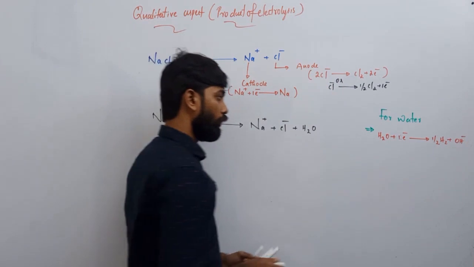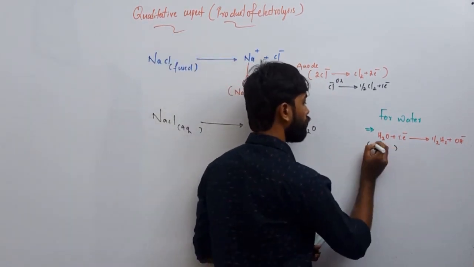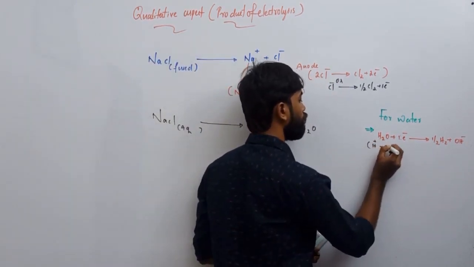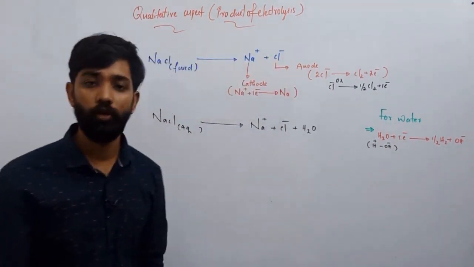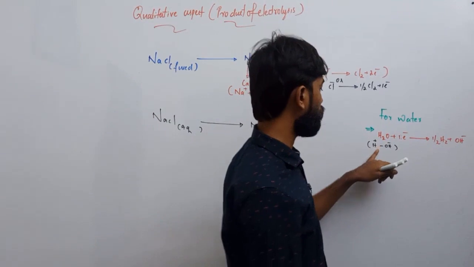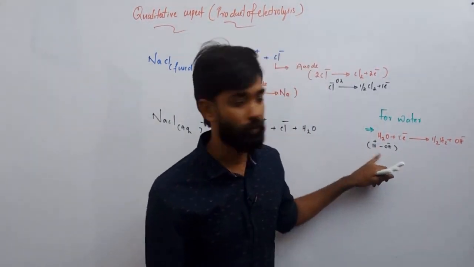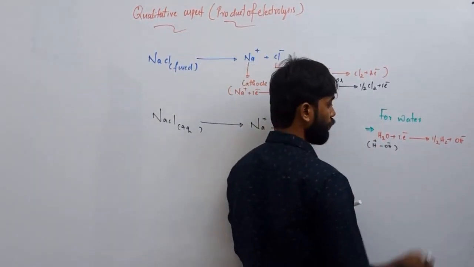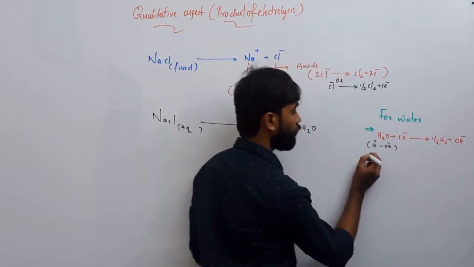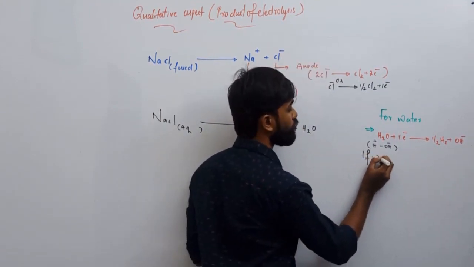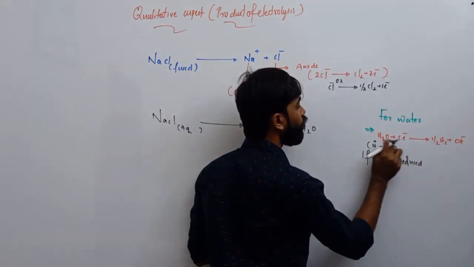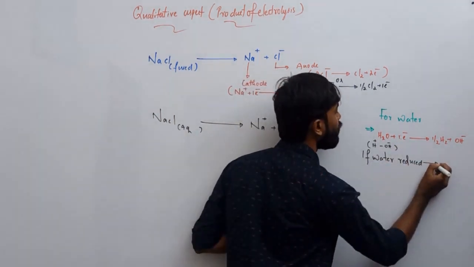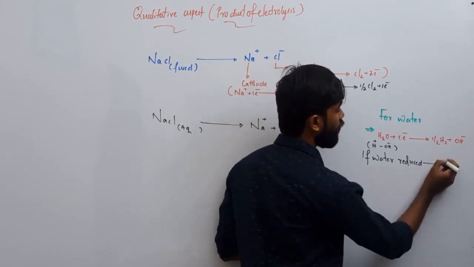So it is clear that the species in the water will be in this form, right? H+ and OH-. So the reduction will be by your H+, so it becomes half H2. So if water is reduced, if water accepts an electron, then the product will be hydrogen.